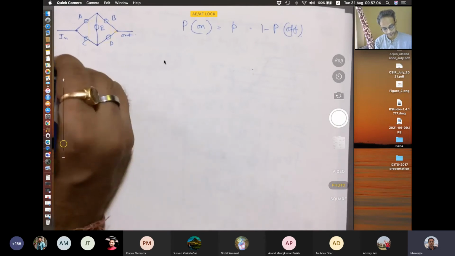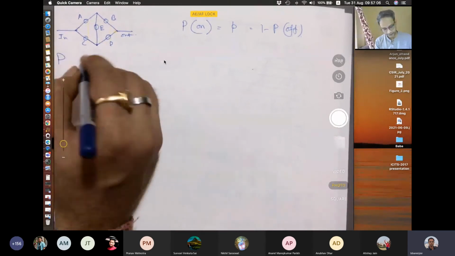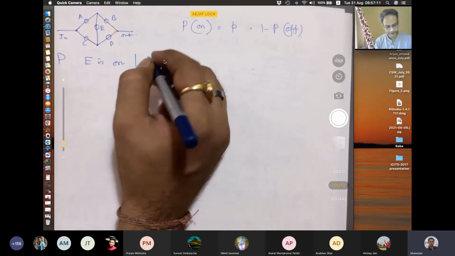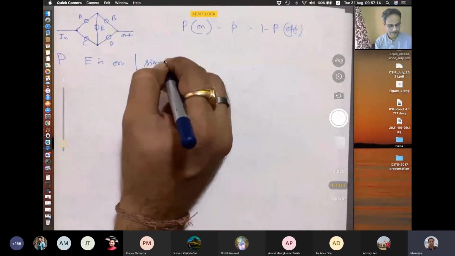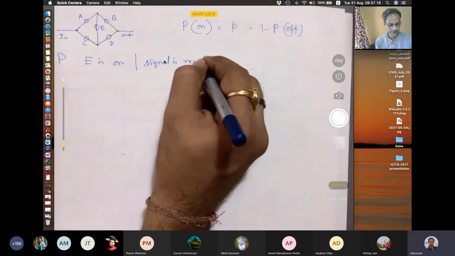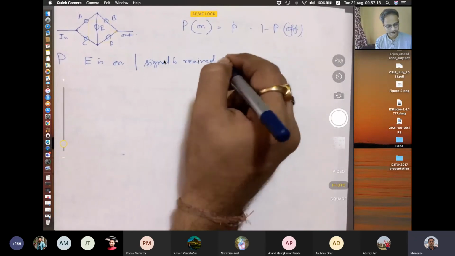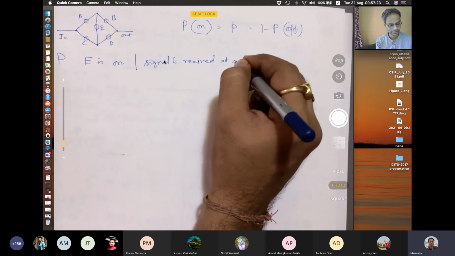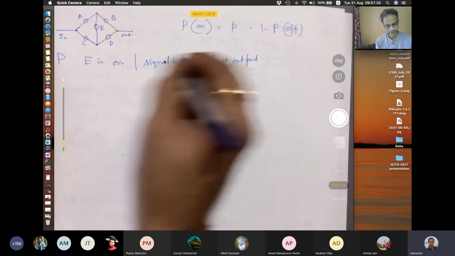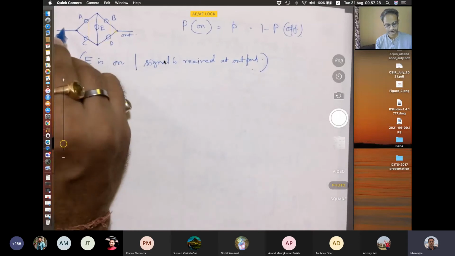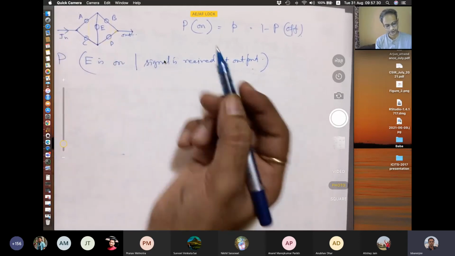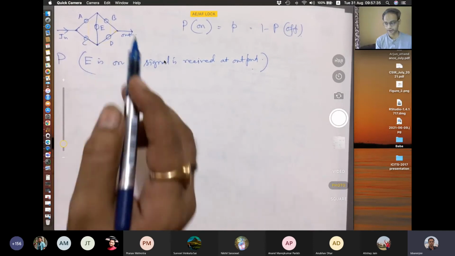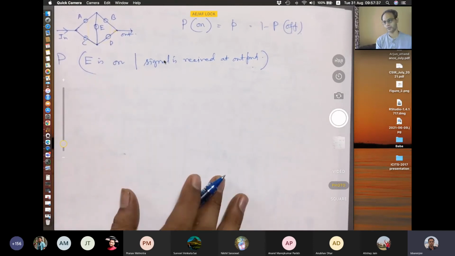So now, what is the probability that E is on given the signal is received at output? So the signal is sent from here and it is received here. That is given. You are interested to find out whether the E gate is open, on or off.